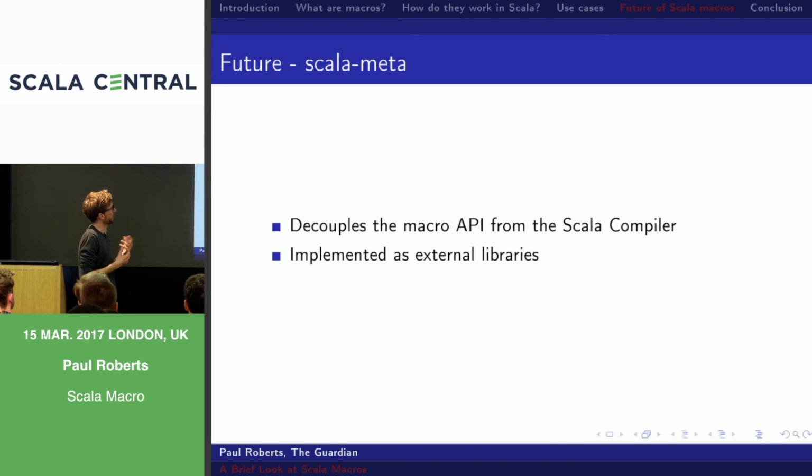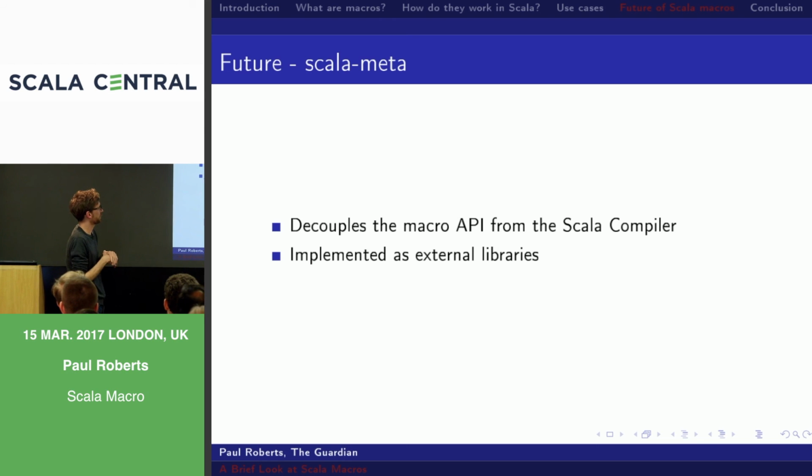But what they're trying to do is make a macro API which is independent of the Scala compiler, so it has an independent external library to represent the syntax tree of your code. An example of that is the Scala Meta project, which is a really interesting tool for creating Scala code, which is probably going to be the main place where macros will be used in future versions of Scala.